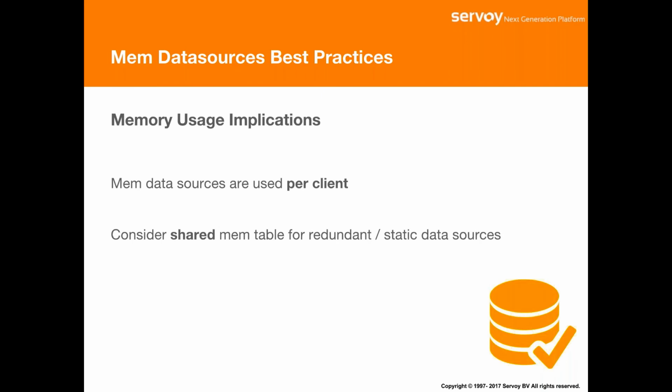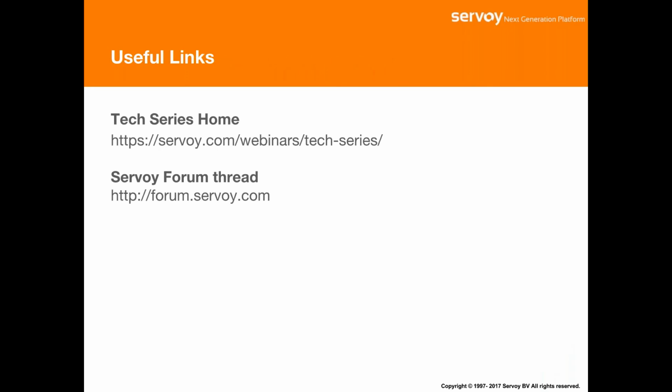So in cases where you think you're going to have an in-memory data source where there's going to be sharing, or a group of clients are going to basically hit the same data source, consider doing the last trick I just showed you, which is to go ahead and make a real dedicated connection. That's a bit different. It's just like any other connection, and they will share those and they'll be updated via data broadcasting.